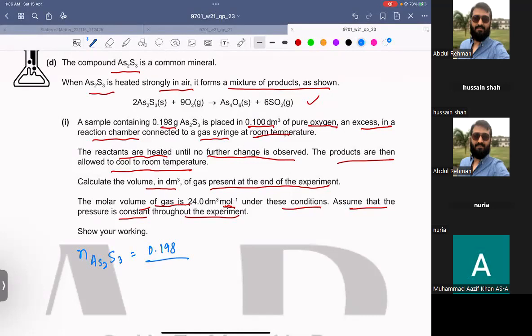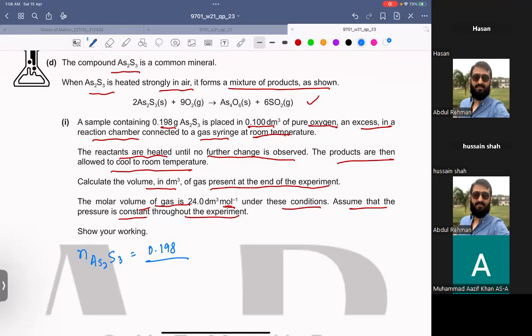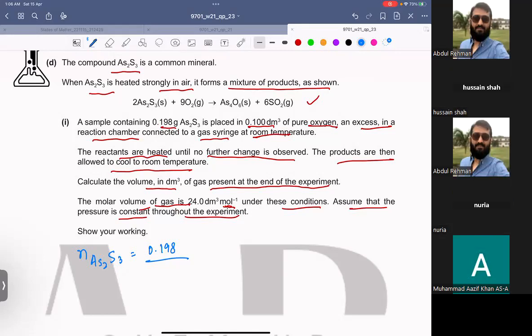Can anybody tell me its Mr? Sir, 246. Okay, 246. So here we get the number of moles.